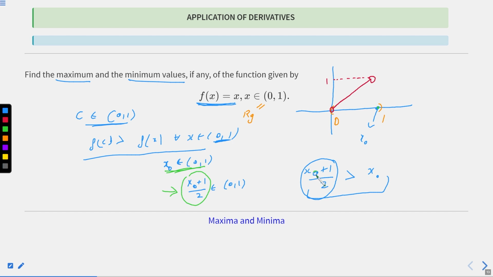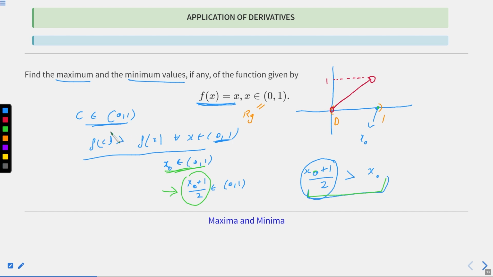I hope that it is clear. Simple? Okay. So this means you cannot have a maximum value.